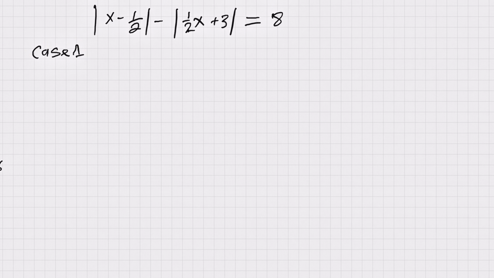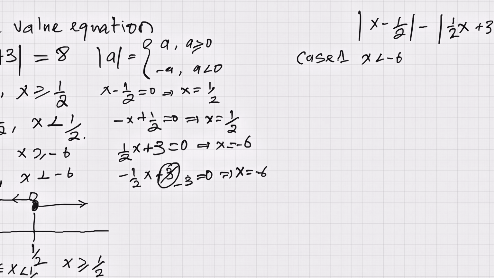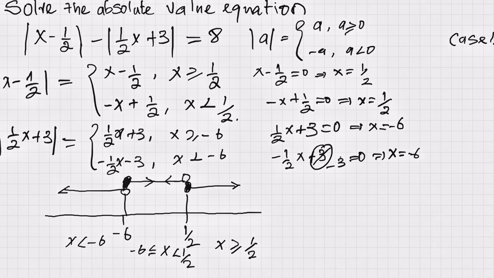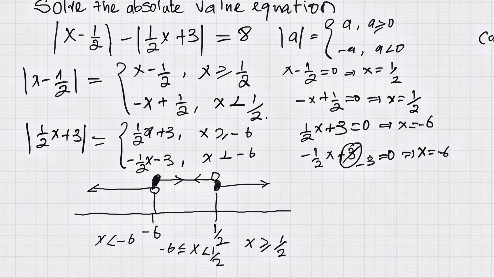Case 1 is the situation where what? Where x is less than -6. And when x is less than -6, let's see what happens. All right, let's see what is going on. When x is less than -6, let's see which pairwise equation satisfies that interval.